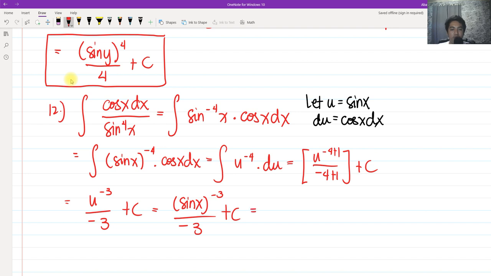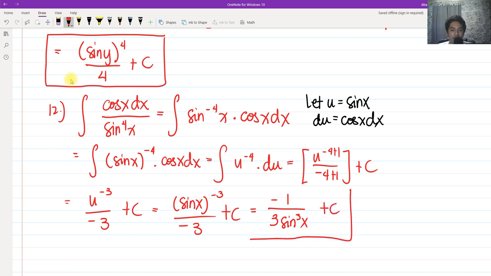Okay? So it's common that we rewrite the final answer as one having a positive exponent rather than a negative. So we can get the reciprocal. Simply, this would become negative 1 because of the negative here. So I just rewrite it in the numerator, and then we have negative 1 all over 3 sine cubed x, plus c.